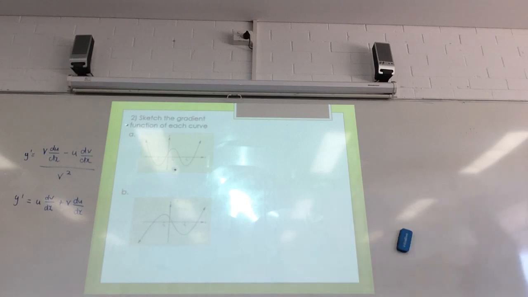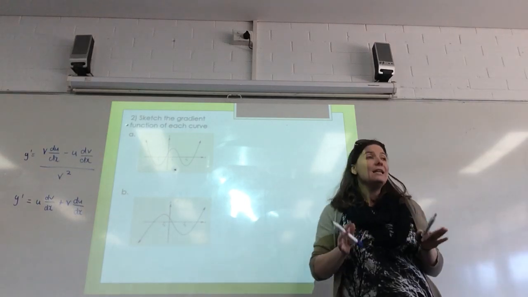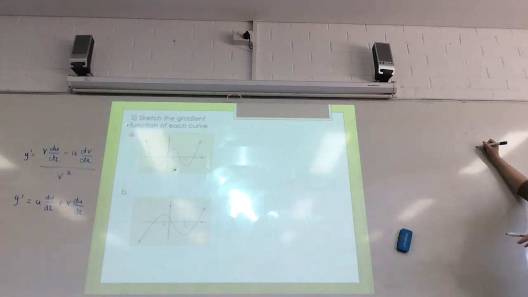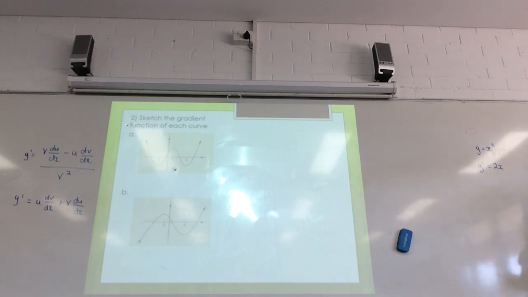Go stand outside. Okay? So, we're sketching the gradient curve. You know when you have y equals x squared and the gradient is 2x? The gradient curve would be the graph y equals 2x.